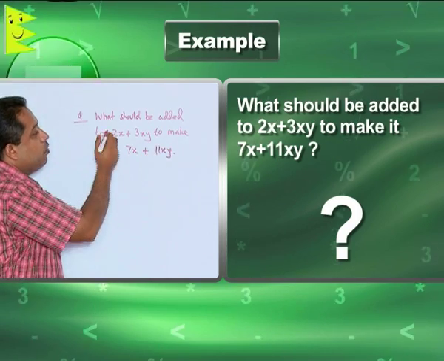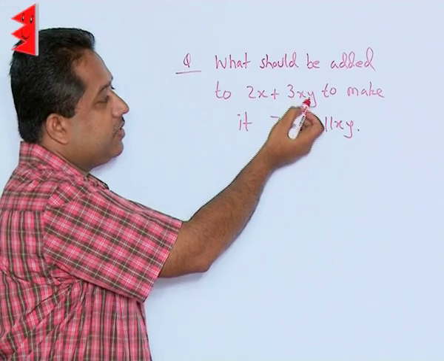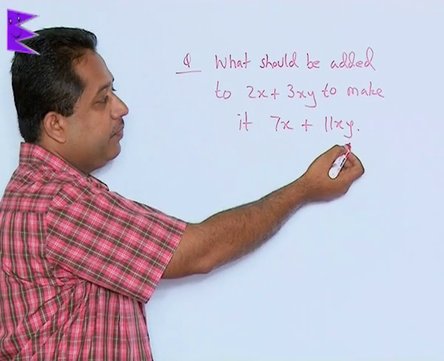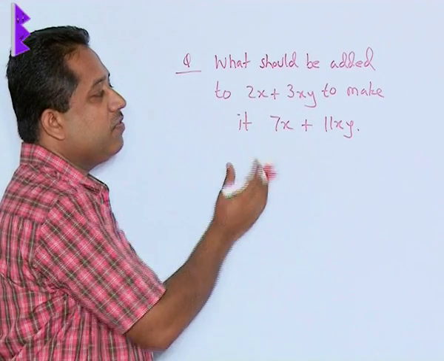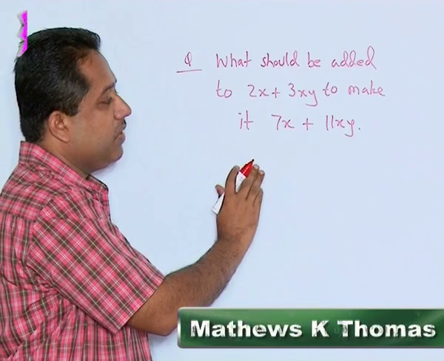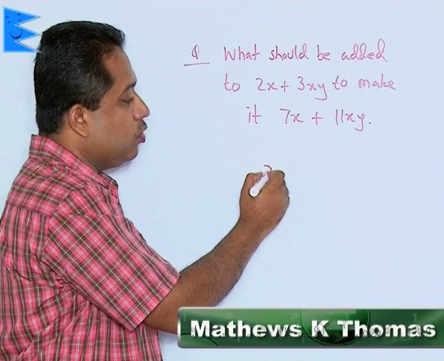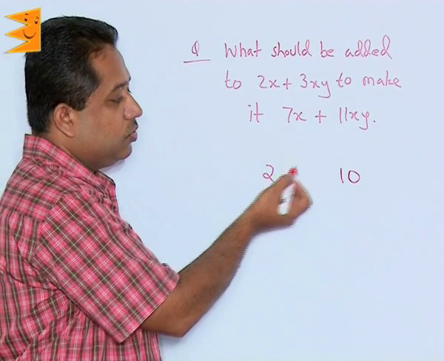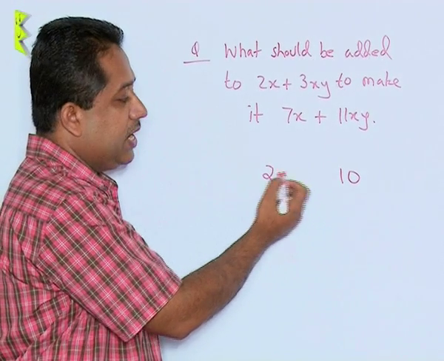If you think of this in terms of numbers, forget about algebraic expressions, what should be added to 2 so that you get 10? The answer is simple. We should add 8.